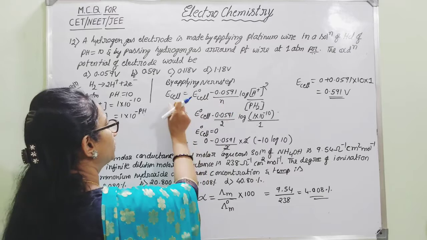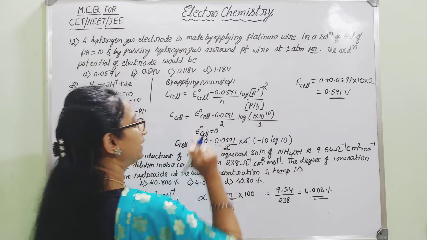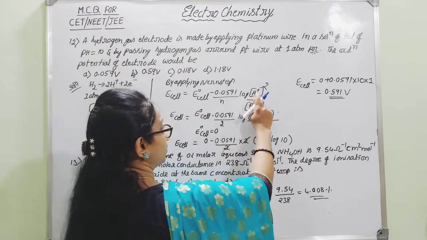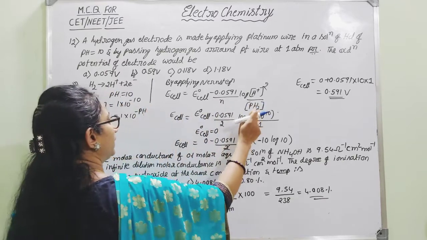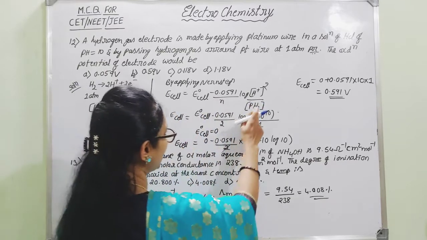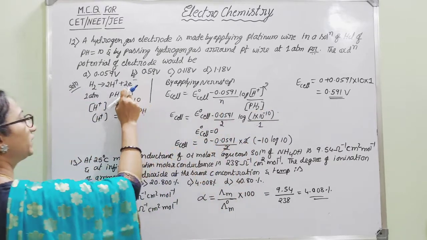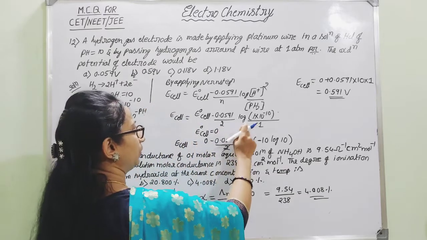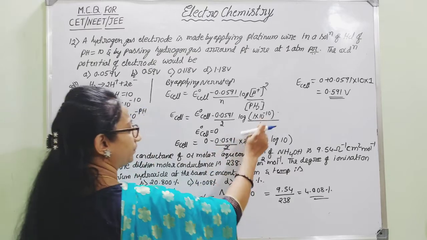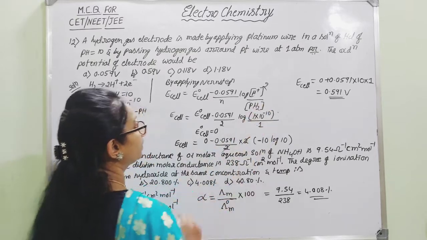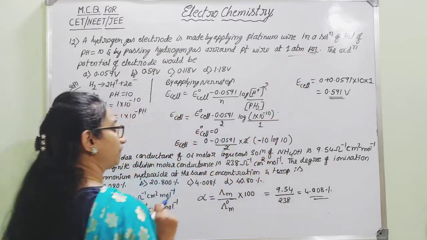According to Nernst equation, you know that E cell, EMF of cell is equal to E naught cell minus 0.0591 by N log of H plus concentration to the power 2 divided by pressure of hydrogen because it is gas. Now you substitute the values. N value, number of electrons exchanged, is equal to 2. Then N value 2, log of H plus value 1 into 10 power minus 10 divided by pressure of hydrogen is 1 atmosphere. They have mentioned platinum wire at 1 atmosphere, hence that value is 1.